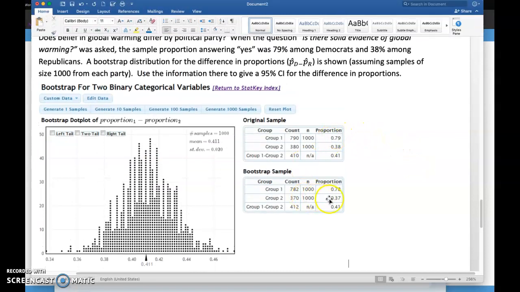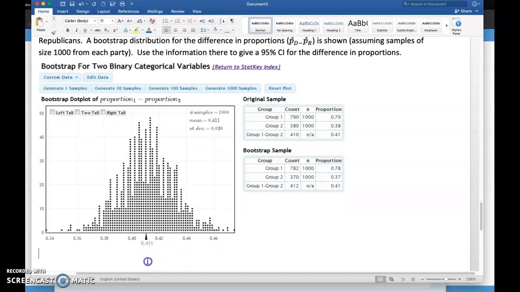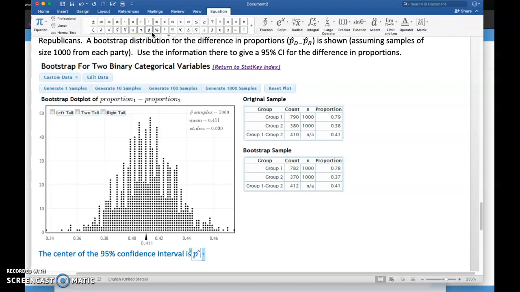Here I want to note, this one's a little bit more complicated. The center of the 95% confidence interval is going to be p-hat, I'm going to do subscript D for Democrat, minus p-hat subscript R for Republicans.